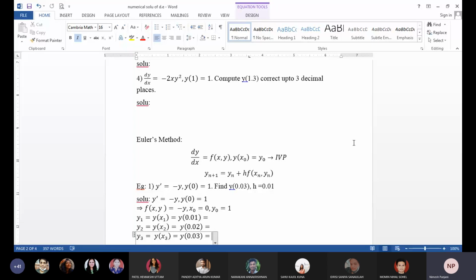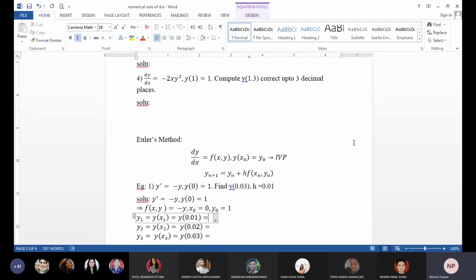Why? Because x3 is x2 plus h. x2 is 0.02, so we get 0.03. We got this using our old idea. What is y1? y of 0.01. What is y2? y of 0.02. What is y3? y of 0.03.